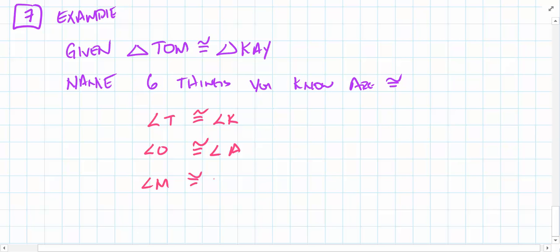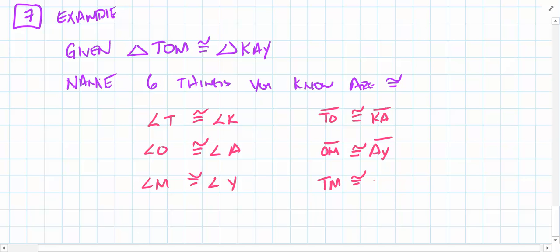What else do you know? Give me a side. Side TO is congruent to what? KA, very good. What else? OM is congruent to AY, absolutely. What else do you know? TM is congruent to KY. Those are the 6 things.